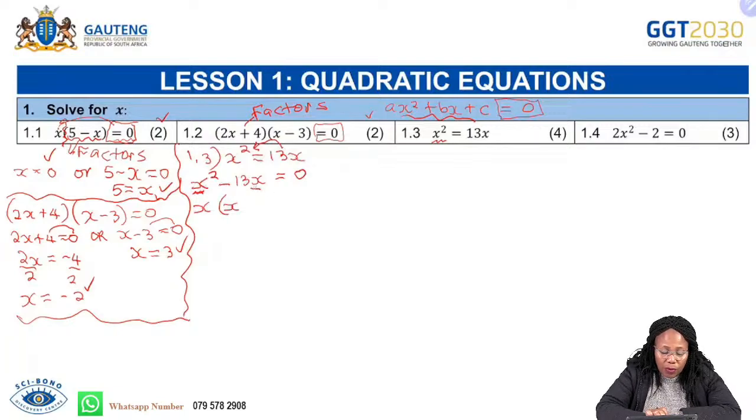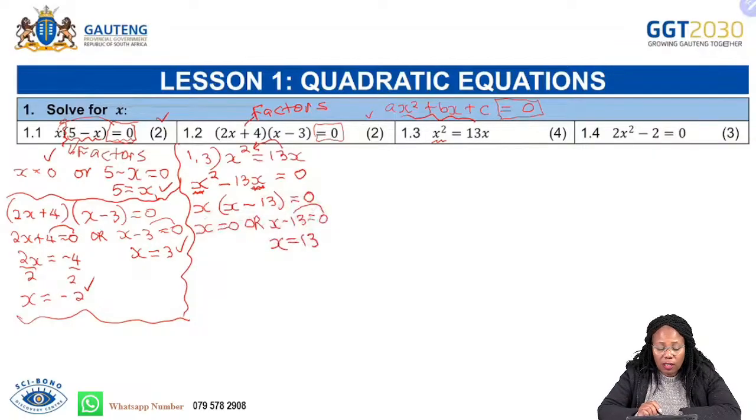And then we take out x from minus 13x, we'll be left with minus 13 equals 0. Therefore, the first x here will be equal to 0, or the bracket of x minus 13 will be equal to 0. Therefore, x is equal to minus 13 to the side, it's a positive 13, grade 12.